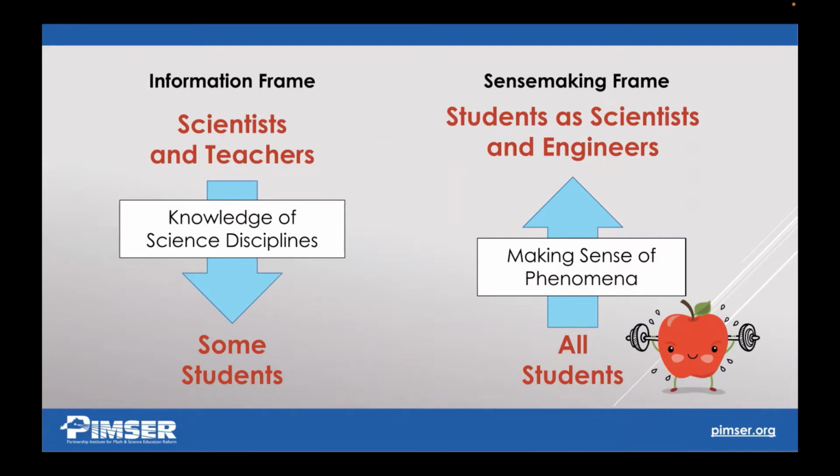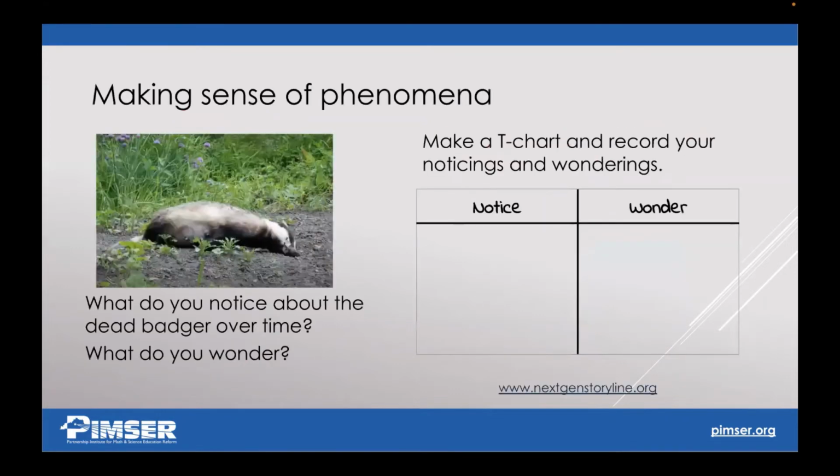So let's have an experience to get a feel for how phenomena can facilitate sense making, and some of the questions that you're going to want to ask yourself in selecting phenomena that you're going to use to anchor a unit. We're going to use an anchoring phenomenon from a 5th grade unit found on the NextGen Storyline site.